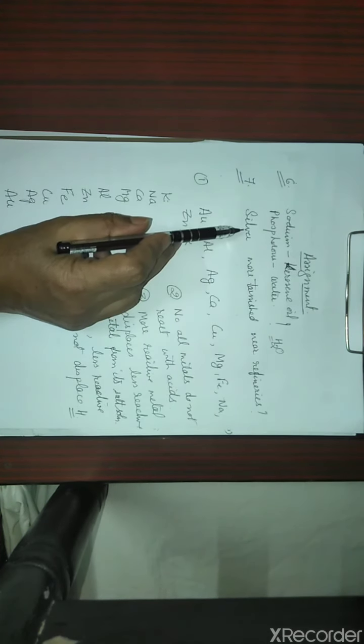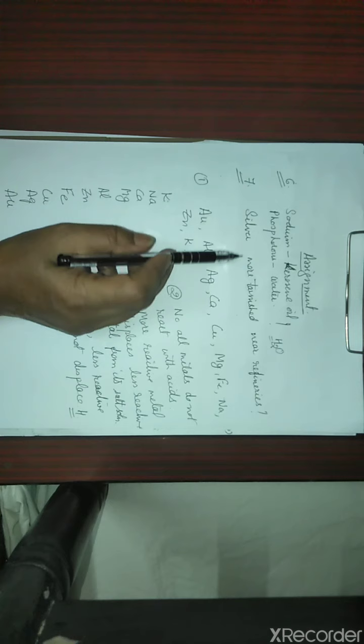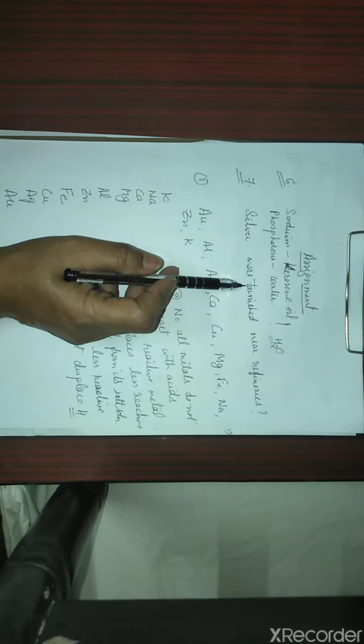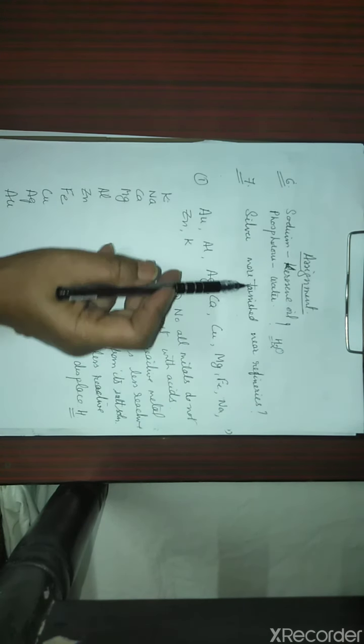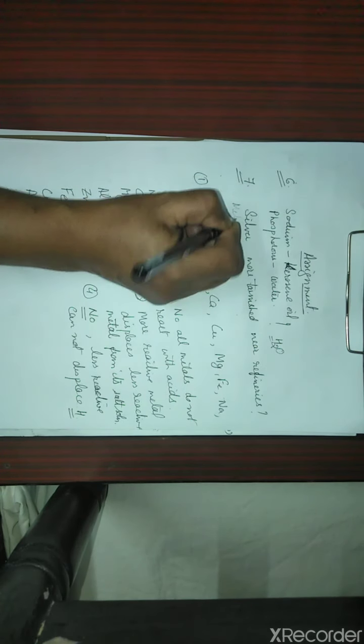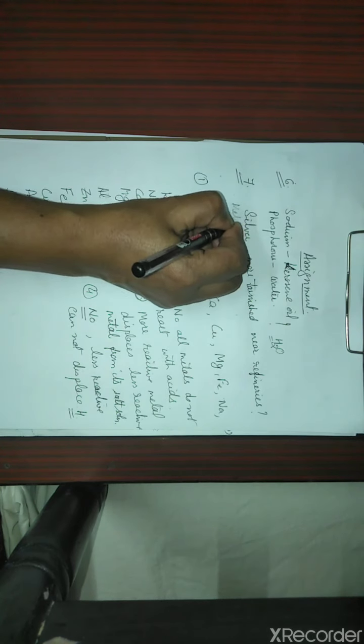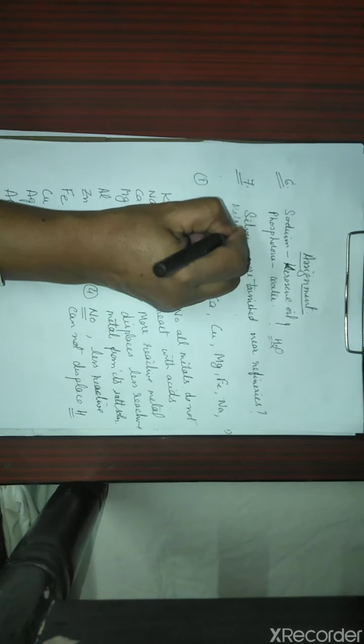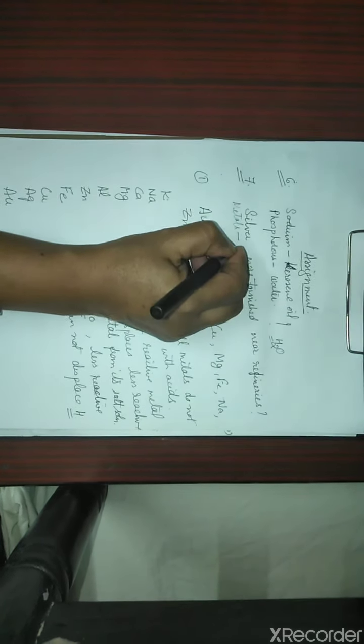Another question is, silver gets more tarnished, blackened near refineries. How? See, we have studied about metals. The metals react with air, oxygen to form oxides. We have studied, no?